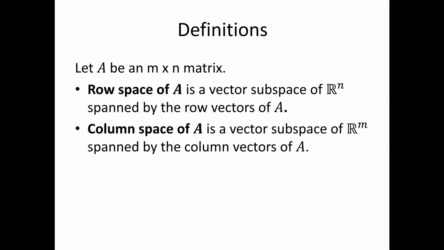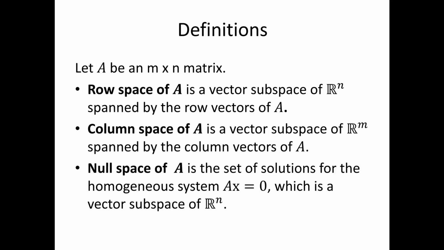Now finally, the null space of A, this is actually nothing new for us because the null space of A is basically the set of all solutions for the homogeneous system given by Ax equal to 0. This is the space that we were referring to as the solution space when we were talking about section 4.5.